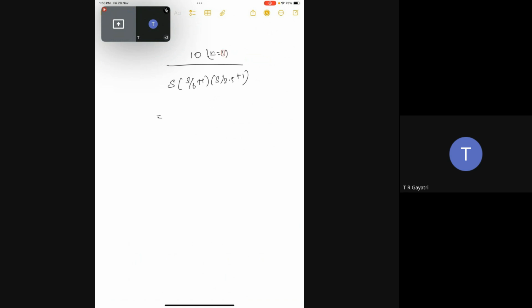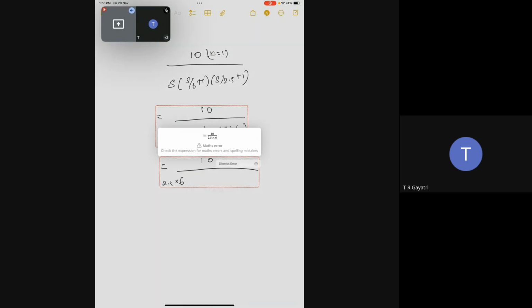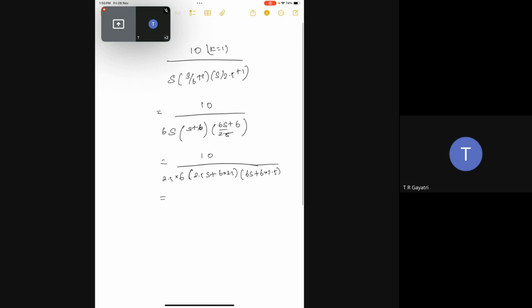That's why 10 divided by s into, this will be 6s plus 6, and 6s plus 6 by 2.5, again 6 into 2.5 into 6 into 2.5, plus 6 into 2.5. All this.